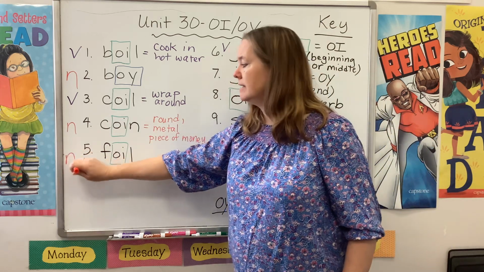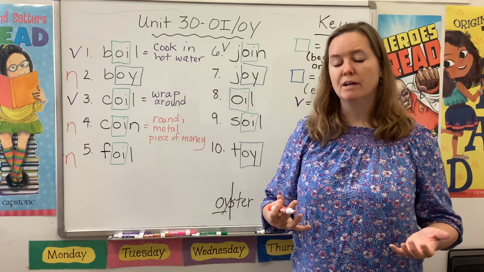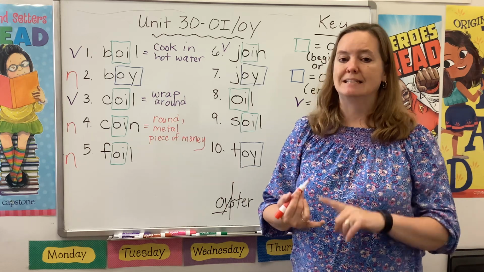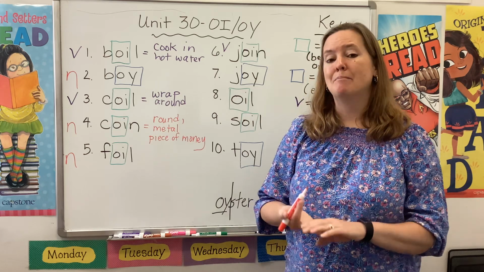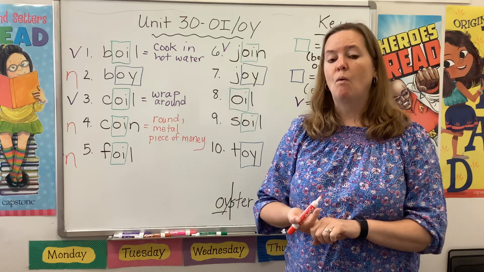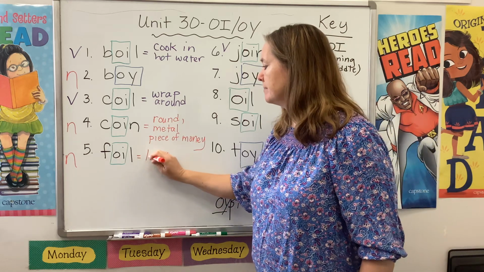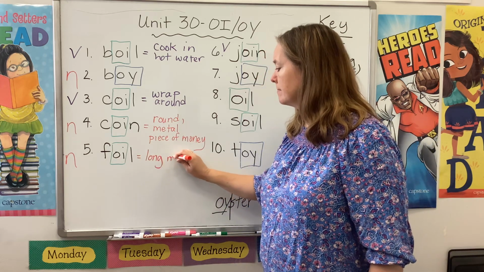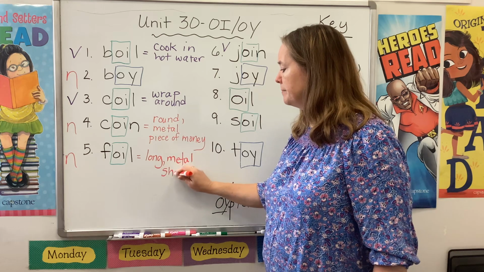Foil is another noun. If you open up your kitchen drawers, you might find a drawer that has sandwich bags, it might have saran wrap, and it might have tin foil. Foil is actually a long metal sheet, and it's used to wrap food.